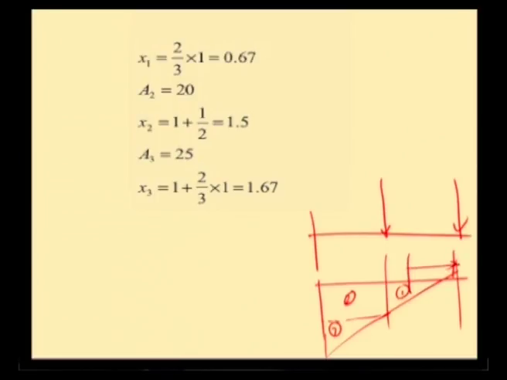The CG distance for area 1 from this end will be 2/3 of the length, which is 1, so 2/3 of 1 is 0.67 meter.